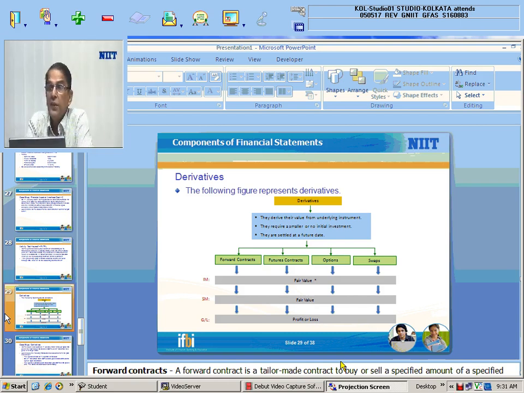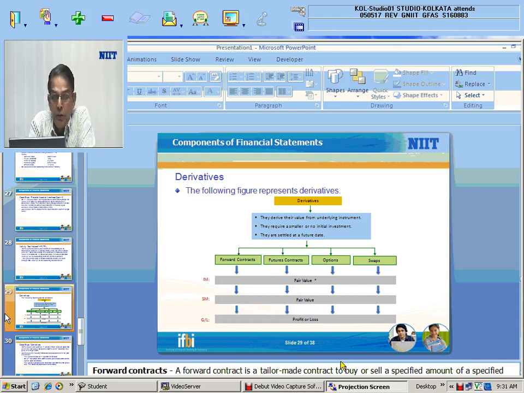Forward contract basically is a tailor-made contract to buy or sell a specified amount or quantity of a specified item, which is commodity or a financial item, on a specified date at a specified price. It doesn't require any initial outlay or investment.